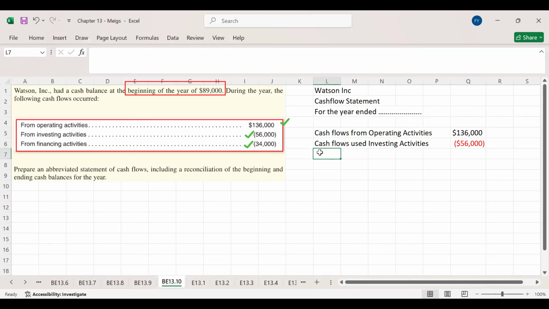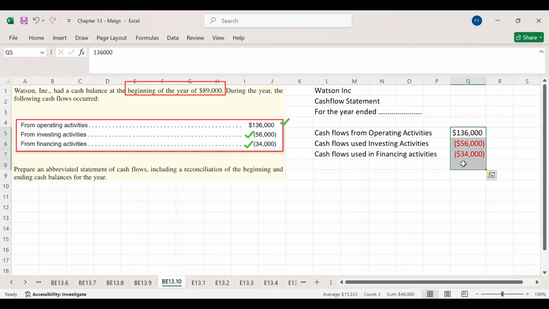Then the next one is cash flows used in financing activities. So minus, this is $34,000.